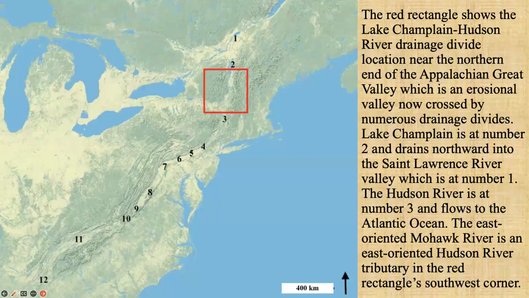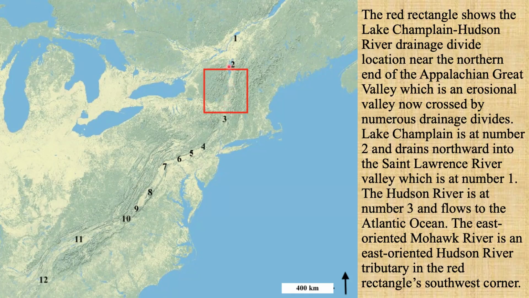Well, let's look at where this is. The red rectangle shows the region where we're going to be talking about. The Adirondack Mountains are over here. The Green Mountains in Vermont are over here. The Great Valley that I'm going to be talking about is this yellow strip that extends here.